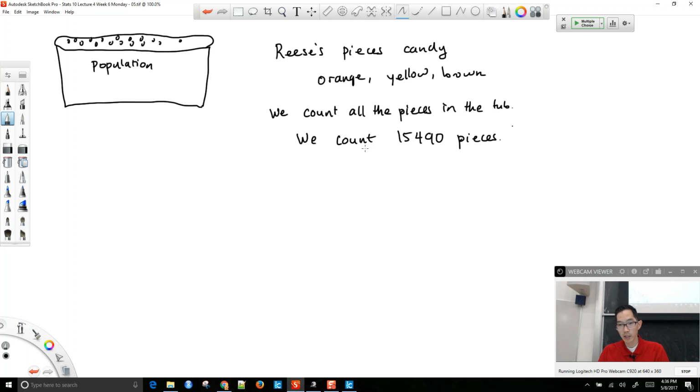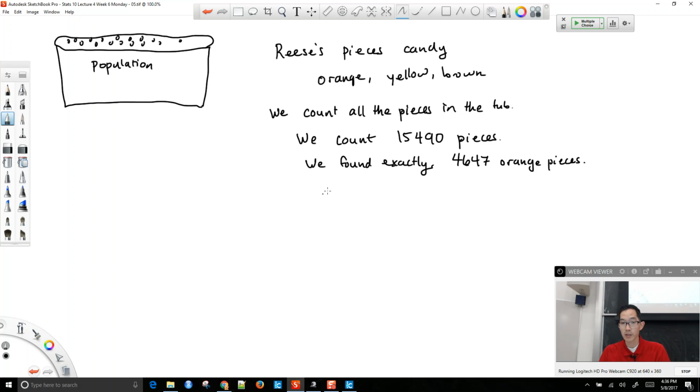And for simplicity, we found exactly 4,647 orange pieces.